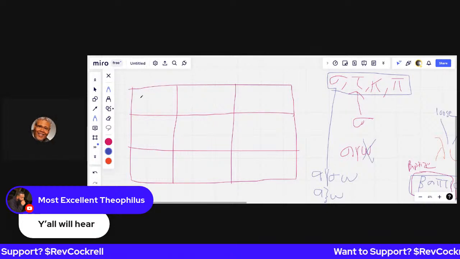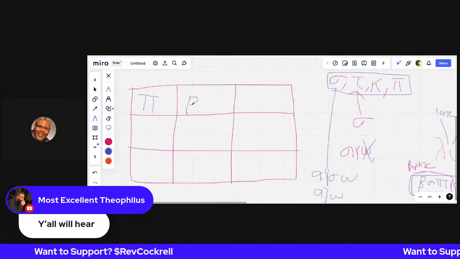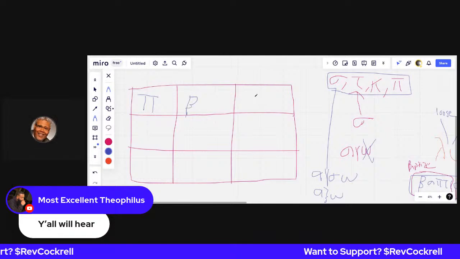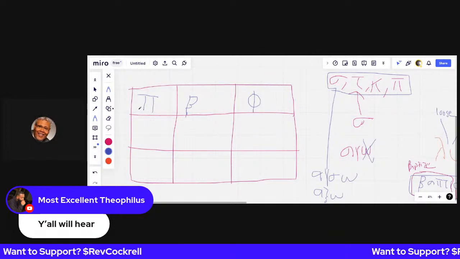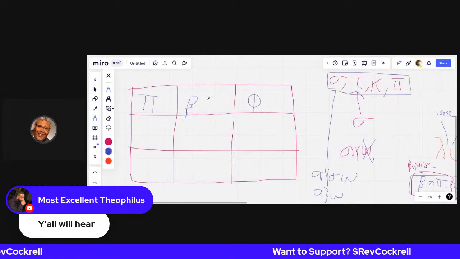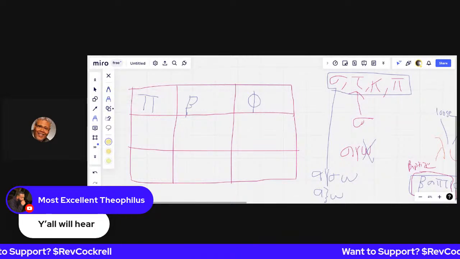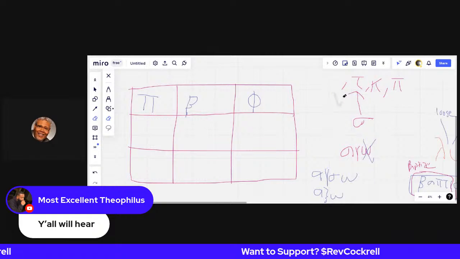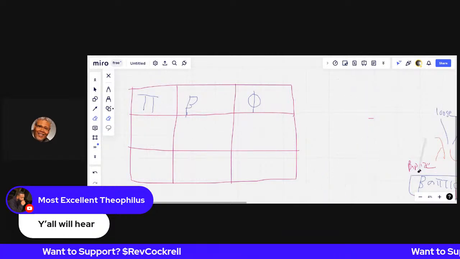This is another way. If your stem ends in a P or pi, beta, or a phi, this is going to show you.